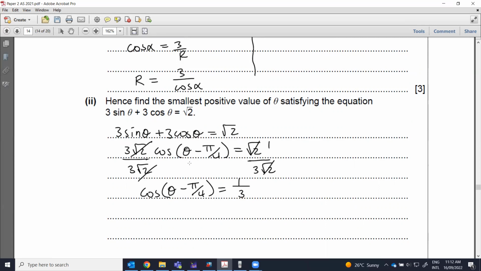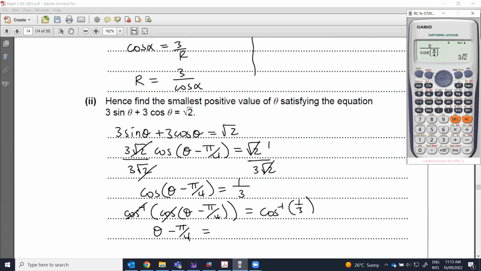So we just take cos inverse. So we have cos inverse of cos of theta minus pi over 4 equal to cos inverse of 1 over 3. So cos inverse and cos will cancel. So I have theta minus pi over 4 equal to this cos inverse. So remember, we're still in radian mode. So shift, then cos inverse of 1 over 3.